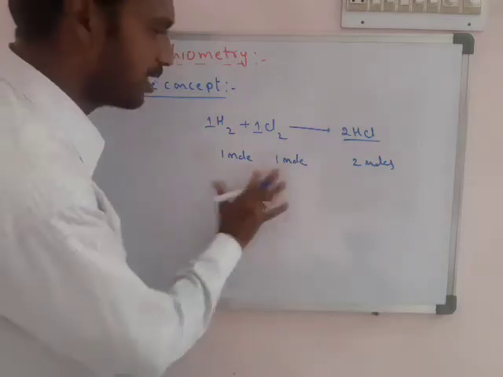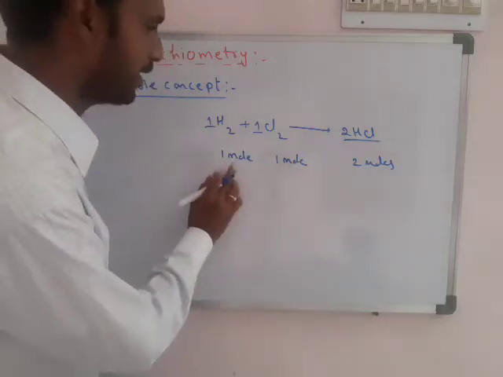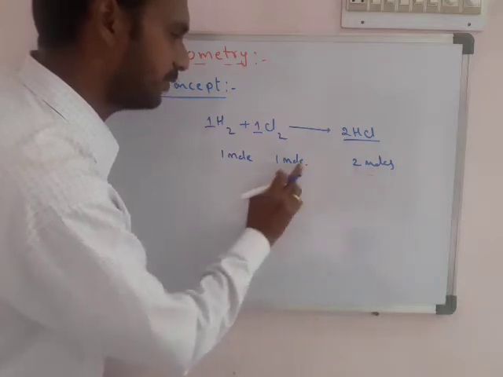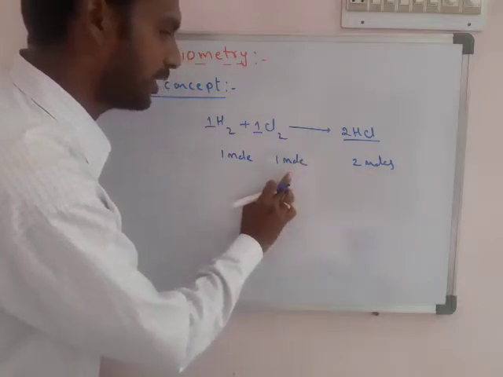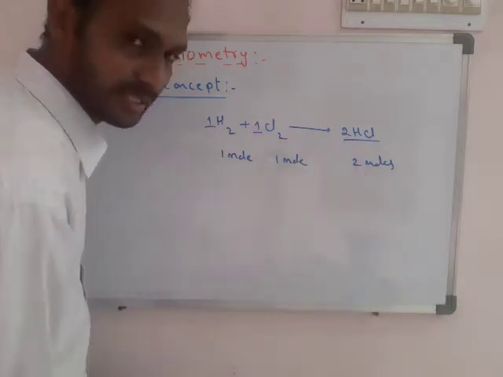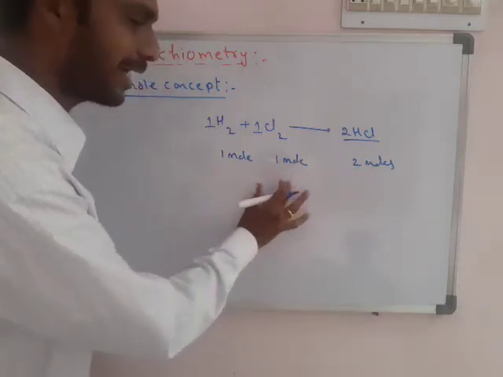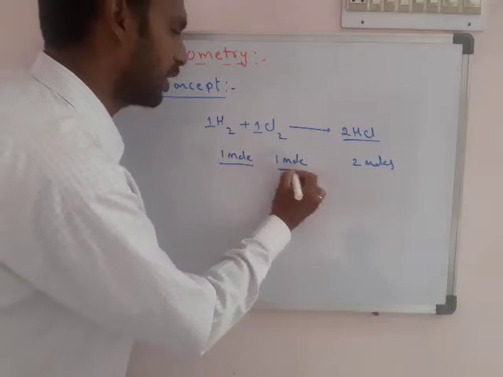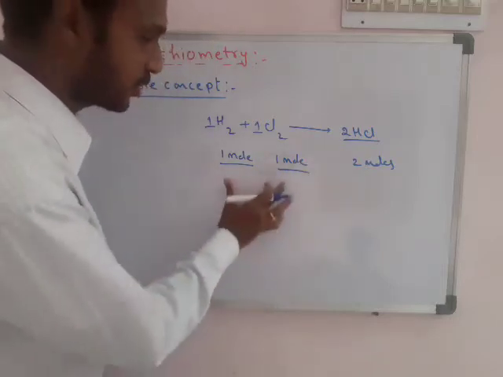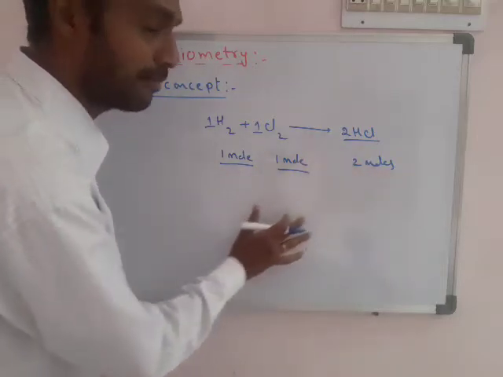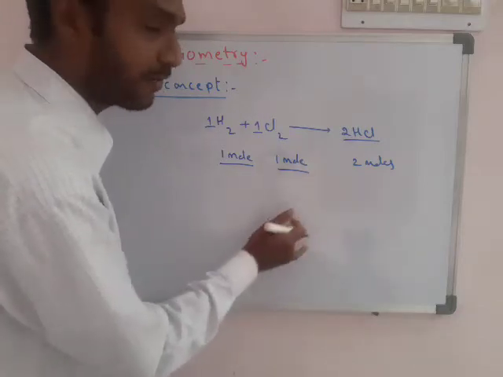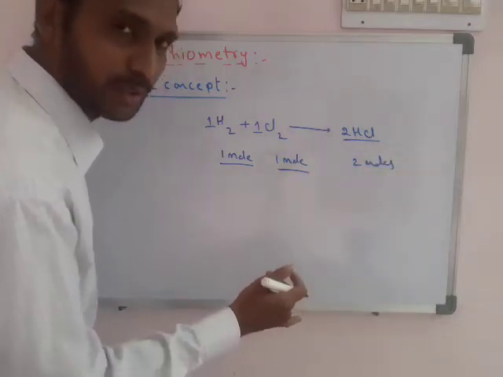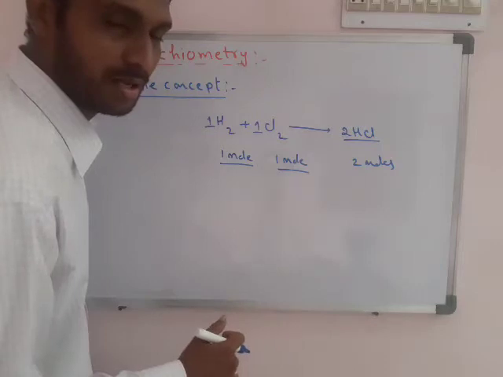This is a procedure, comparing the moles. Now 1 mole of hydrogen can produce 2 moles of HCl, and 1 mole of chlorine can produce 2 moles of HCl, or only the reactant side has to be compared. So 1 mole of H2 reacts with 1 mole of Cl2. This comparison is important. For example, if there is more than one product, we need to compare the products also.